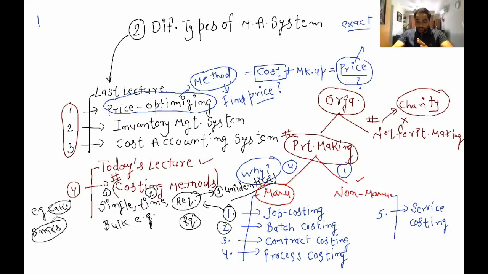You know that snacks normally sell in packets, and in packets we have different pieces, right? So it doesn't make any sense if you sell a single piece of snack. They don't sell it, right? So it's always sold in packets, or in a batch, all right? So for that kind of business, we apply the batch costing method.